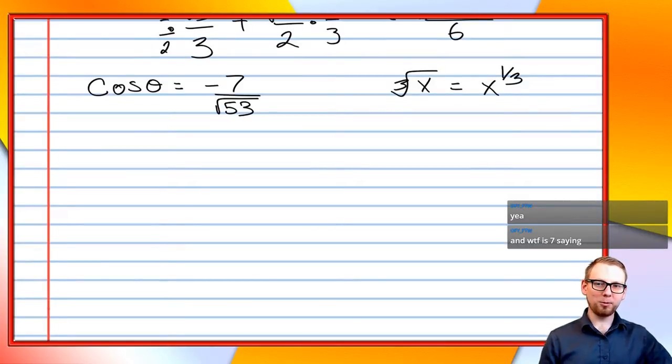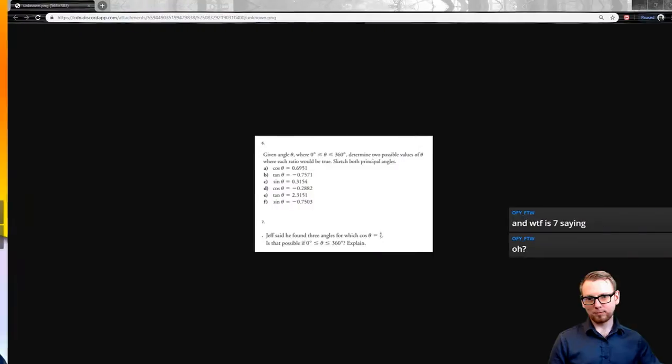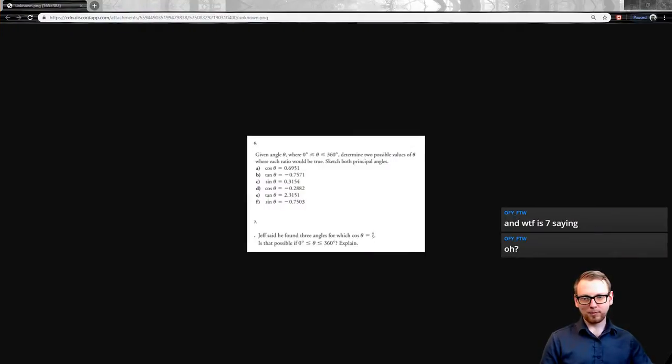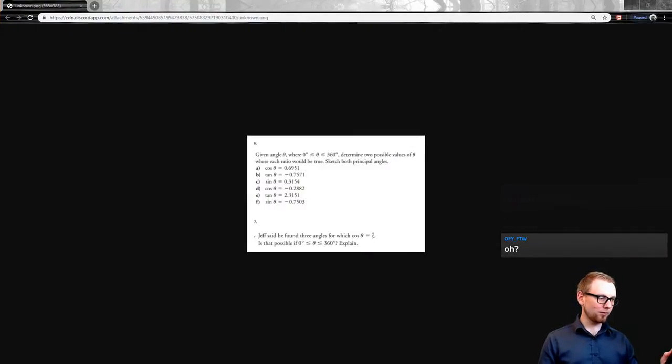We went through 7 before. So 7 says Jeff found 3 angles, which is cos theta is 4 over 5. Is it possible? Can theta have 3 angles that are equal 4 over 5?